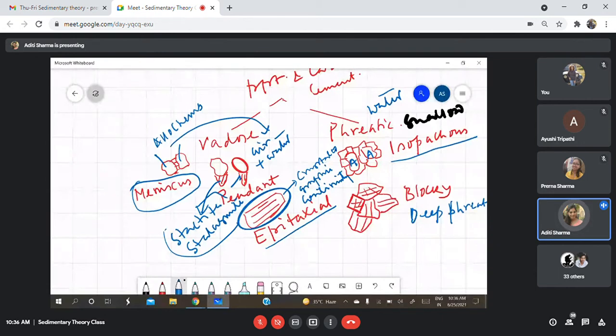When the cement grows, then you call it syntaxial or epitaxial, and that is very common with the echinoid tests. So, seeing the geometry of the cement, we identify that it is either a vadose cement or a phreatic cement.